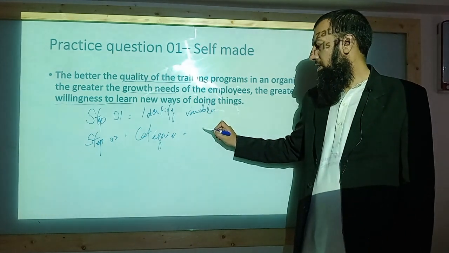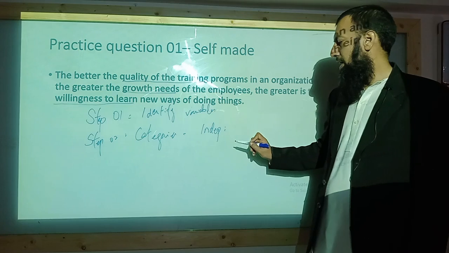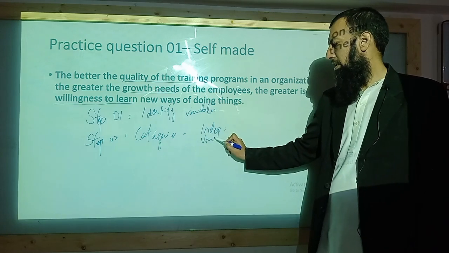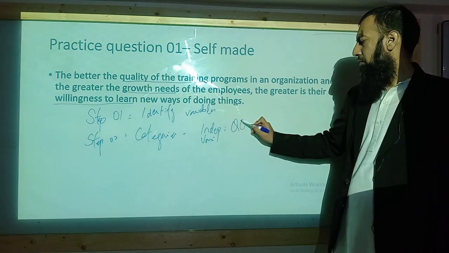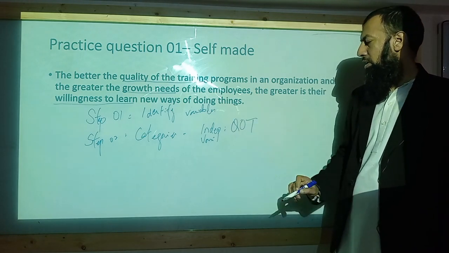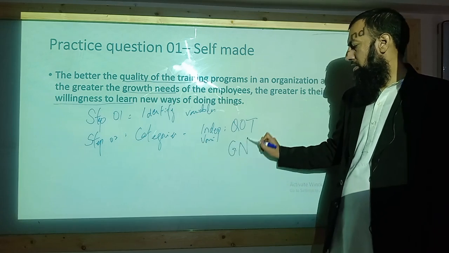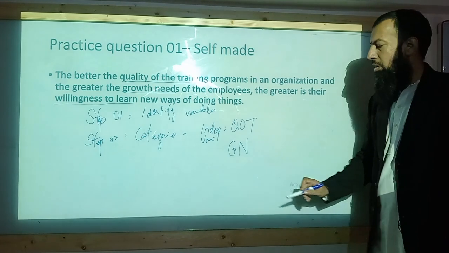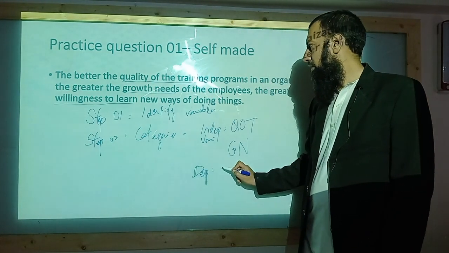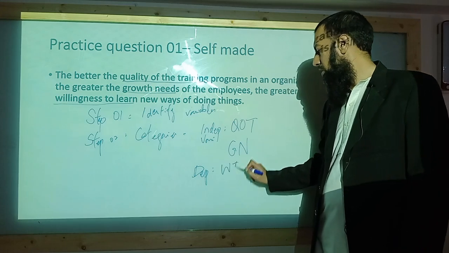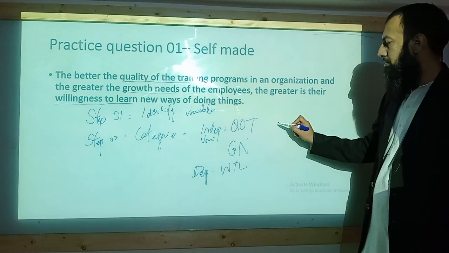So you see the independent variable is quality of training, and another variable is growth needs. And when we talk about the dependent variable, it is the willingness to learn. So how would we make its model?